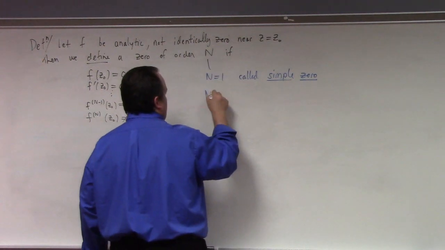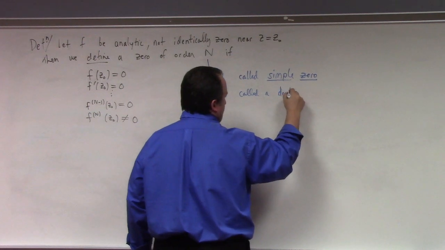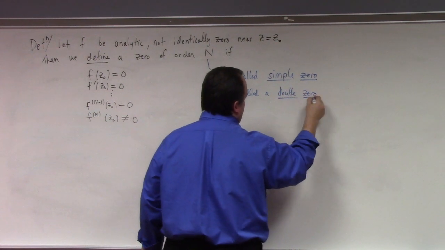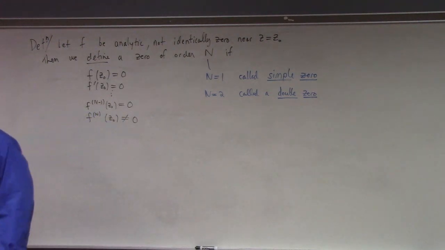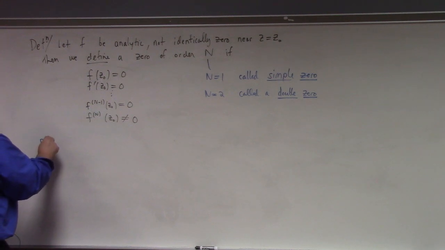If you have n equals 2, it's called a double 0. We're going to look at examples of this in just a second, but I need a little more language here.